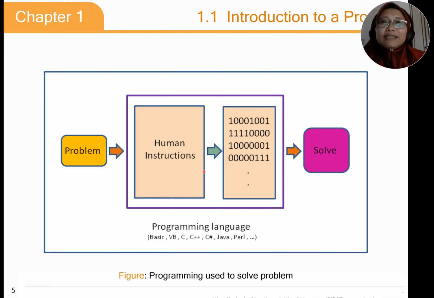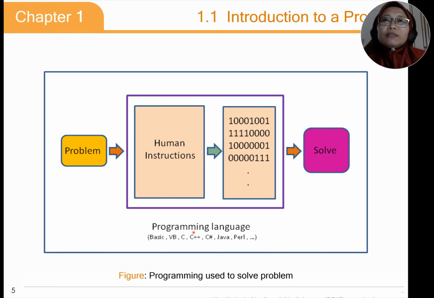This is the fifth slide, and this figure shows how programming is used to solve a problem. Here we have a problem, and we want to solve it. In the middle, in this purple box, we have two boxes: the human instructions, and then a sequence of numbers made up of ones and zeros.